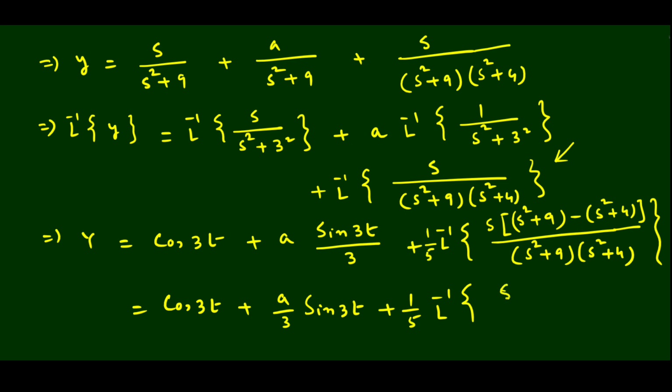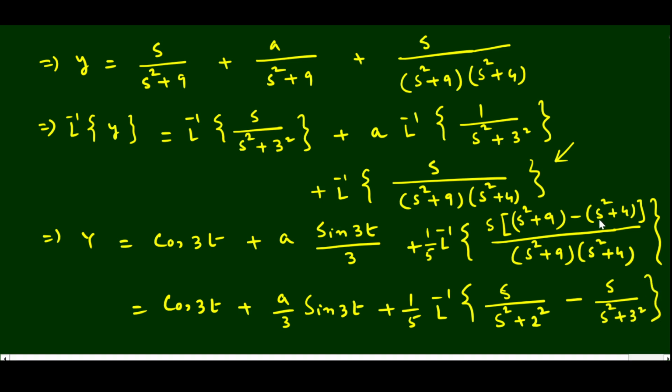We have s divided by s square plus 4, 4 means 2 square. Now if we divide these two, s square plus 4 and s square plus 4 will be cancelled out. We have s divided by s square plus 9, 9 means 3 square.